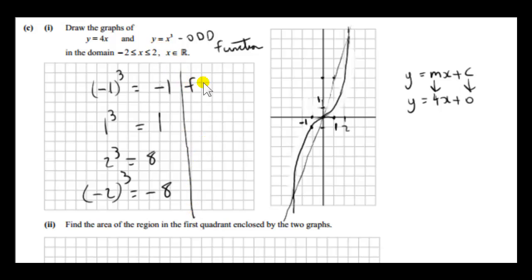Instead of y, I'll write f of x. Let's consider f of minus x. I looked at particular values here, but let's look at the general case. So x is some general value. f of minus x is minus x cubed, since minus x all cubed is minus x cubed.